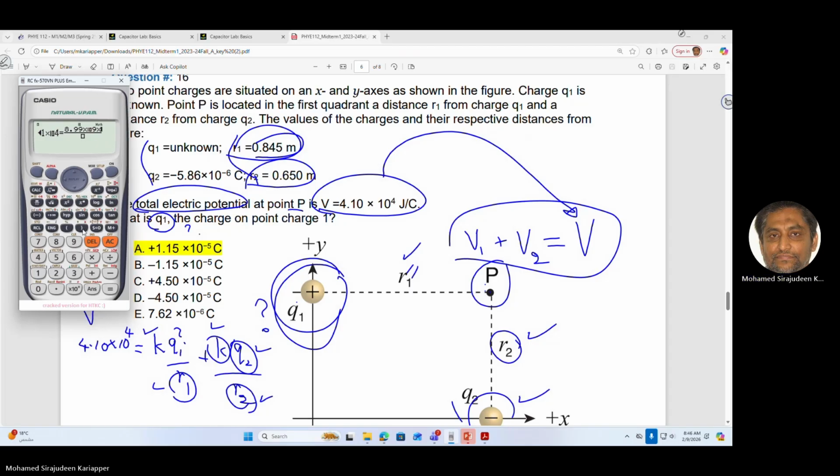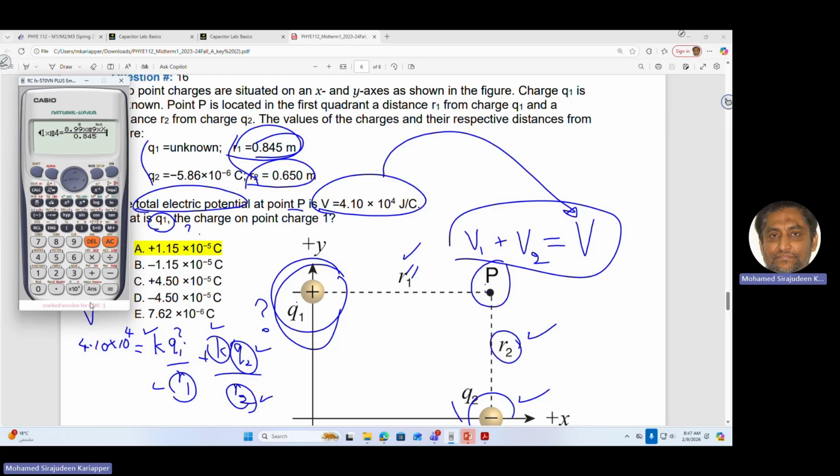Alpha, right parenthesis, that's X. Now bring it down, R1 is given, 0.845. You cannot complain the math calculation is too much. You are not doing any algebra, right? You just use the calculator in solving mode. Bring it up.